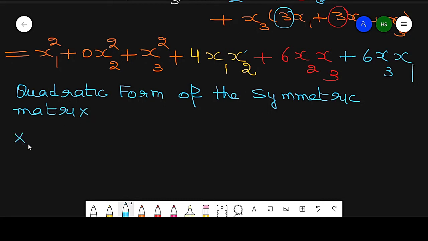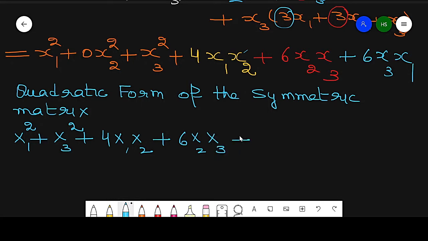It is x1 square plus x3 square plus 4 x1 x2 plus 6 x2 x3 plus 6 x3 x1.